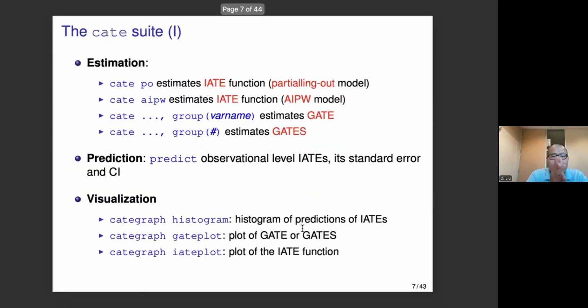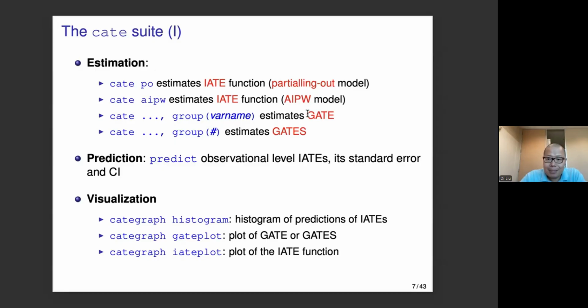In Stata, we have a CATE suite of commands to estimate, visualize, and do inference for treatment effects. For estimation, we have a command called cate. For cate, there are different scenarios we can use. The first one is cate po, which estimates the IATE function using the partialing-out model. PO represents partialing out. We can also use cate aipw, which estimates the IATE function using the AIPW model.